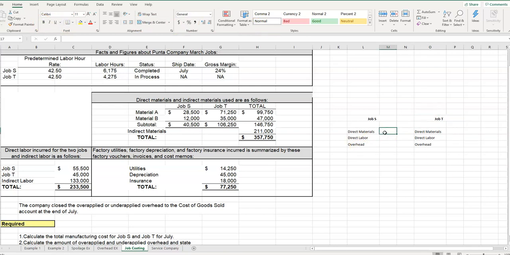For job S, we have direct materials, $40,500.